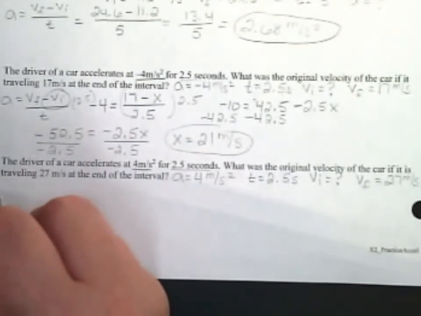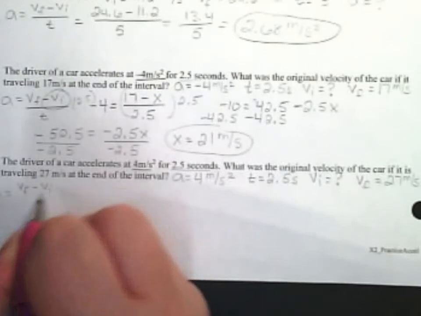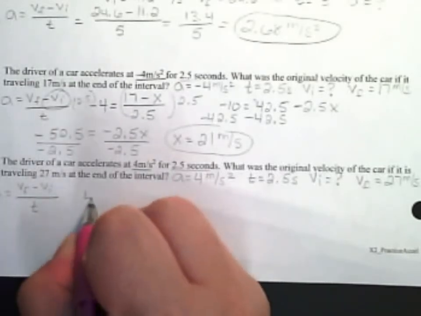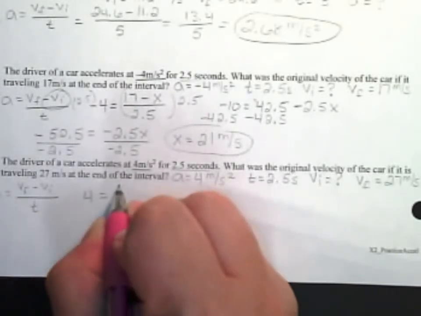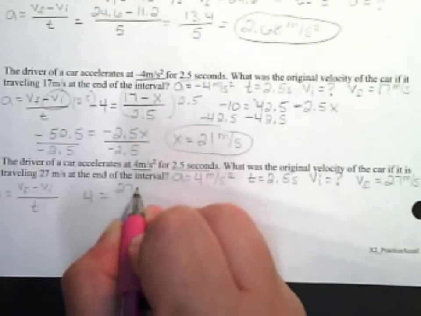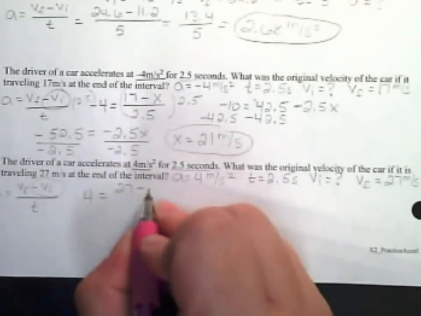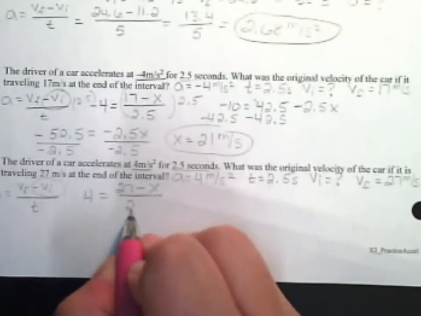We're going to write our formula. A equals final velocity minus initial velocity divided by time. So our A equals 4. Our VF was 27 minus, we don't know our VI, so X, and divided by 2.5, which was our time.